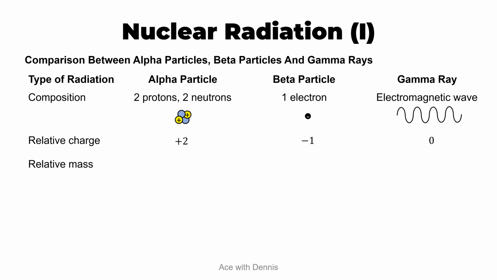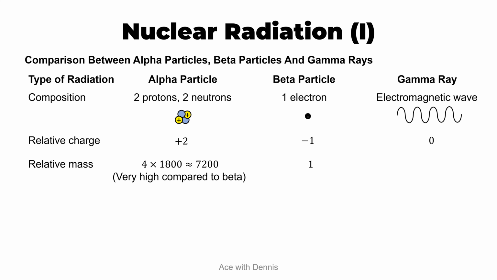Next, we compare the relative mass. For beta particle, since it has 1 electron, the relative mass is 1. For alpha particle, since it has 2 protons and 2 neutrons with very similar mass, the relative mass will be 4 times 1800, which is about 7200. So you can see that the relative mass for alpha particle is very high compared to beta particle.